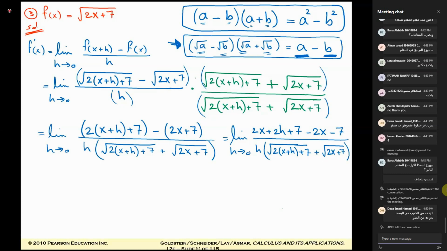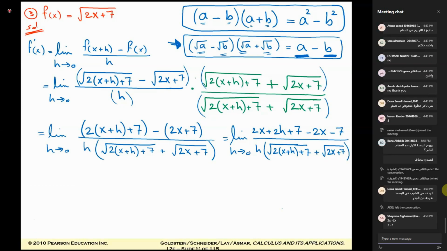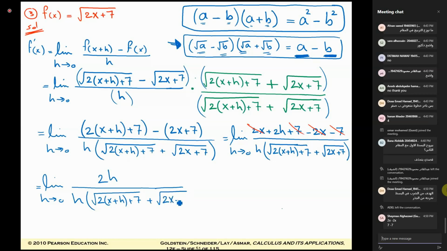Now remove 2x with negative 2x, 7 with negative 7. After that, we have h in the numerator and h in the denominator, and we can remove them together. So we have 2h, and in the denominator h multiplied by radical 2x plus h plus 7 plus radical 2x plus 7.